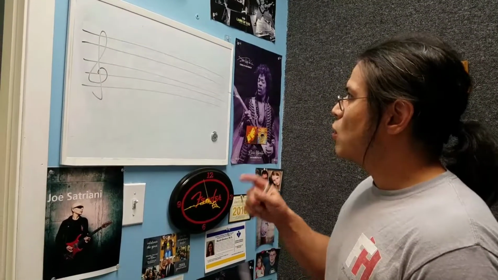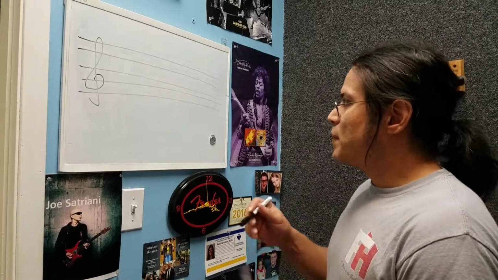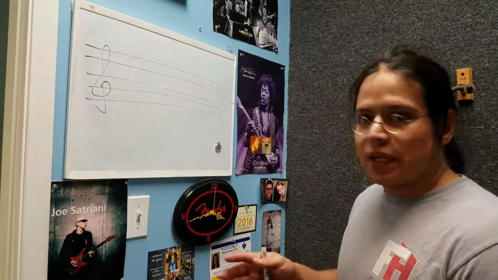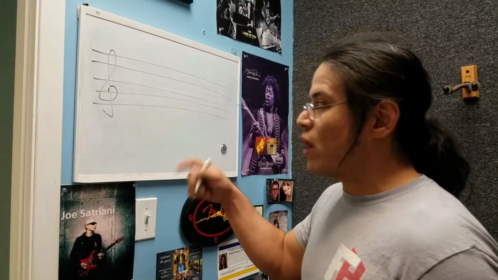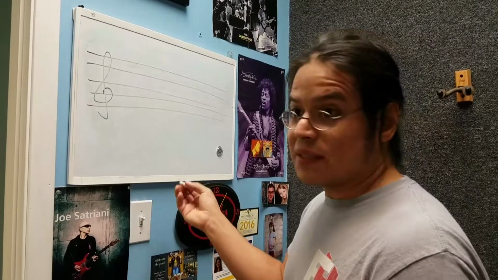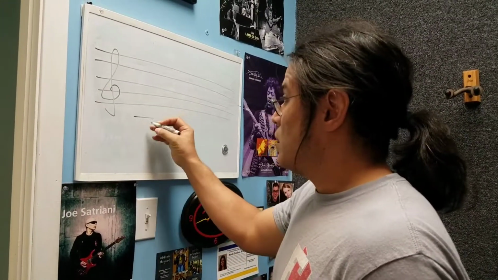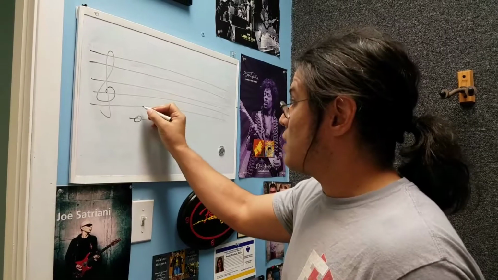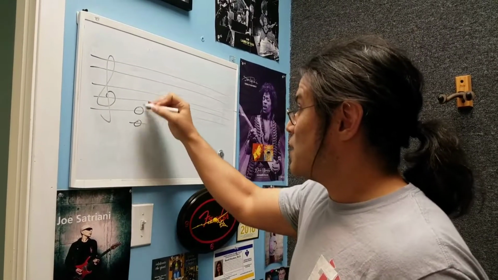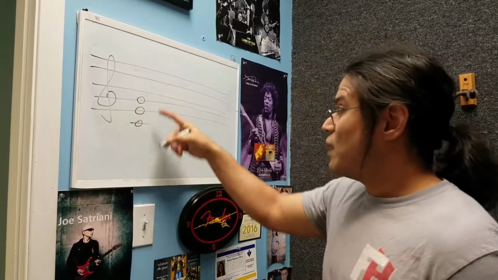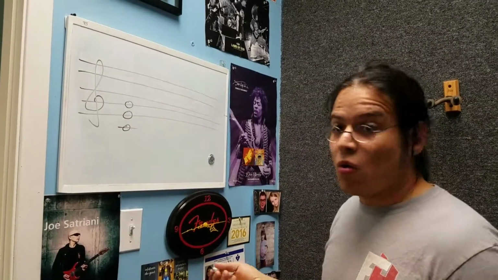Chords are built by stacking thirds, and if you remember your intervals, that's when you go every other note. So if we're building a C chord, we have a C, skip the D and play E, skip the F and go to G, and we end up with a triad, or a three-note chord.